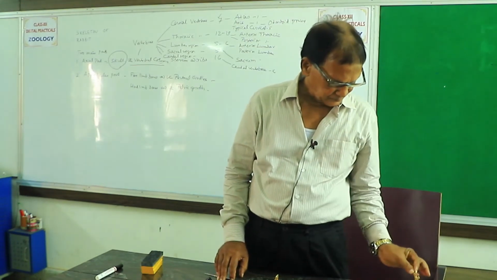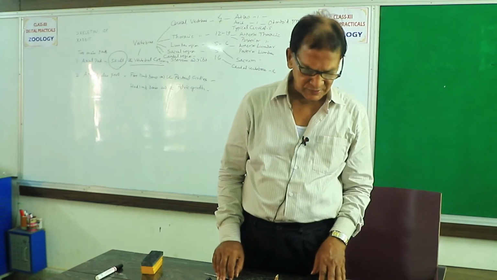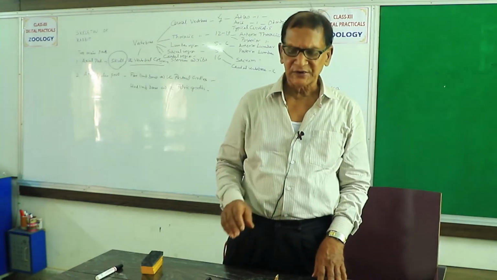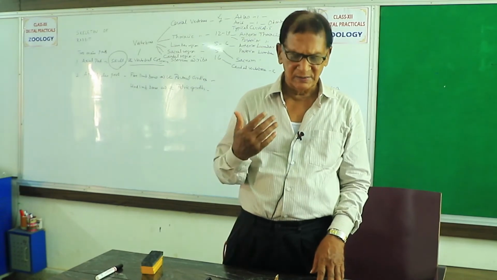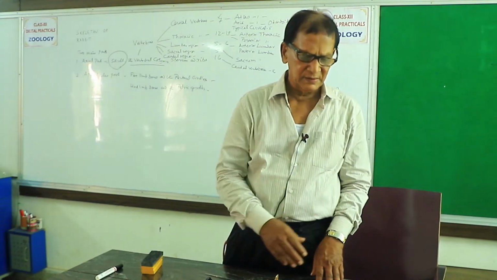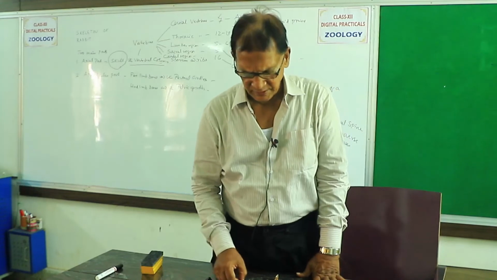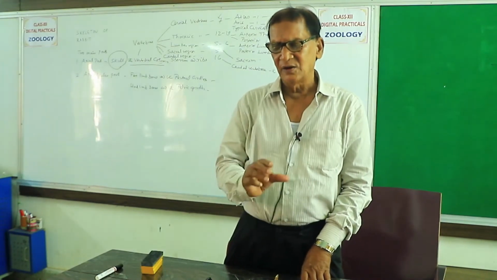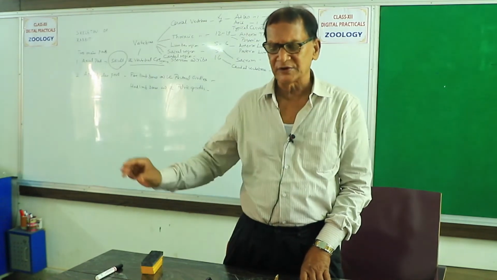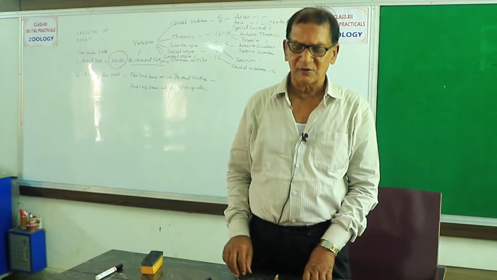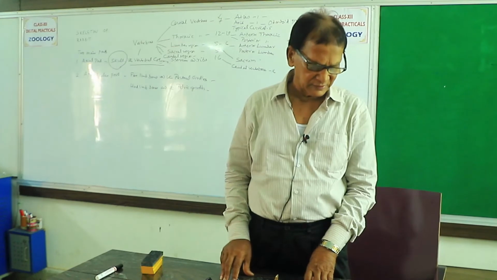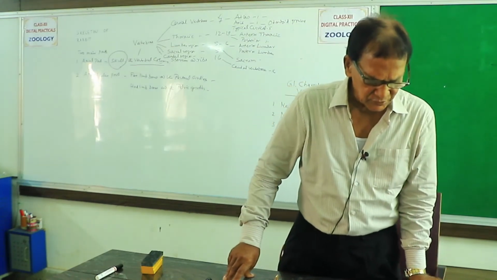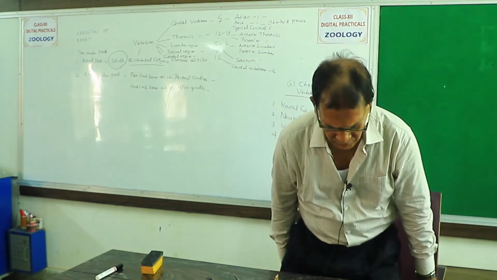Then we should have the caudal vertebrae, but caudal vertebrae are 16 in number because the rabbit possesses a fairly long tail. The longer the tail, the more is the number of the caudal vertebrae. Tail vertebrae are called caudal vertebrae, and 16 of them are there. Unfortunately, you don't have an example of the caudal vertebra.